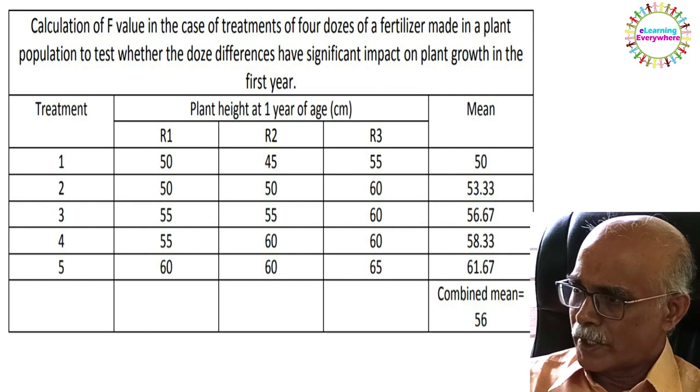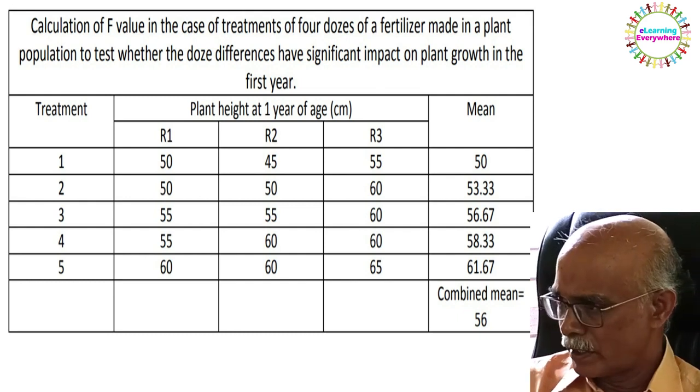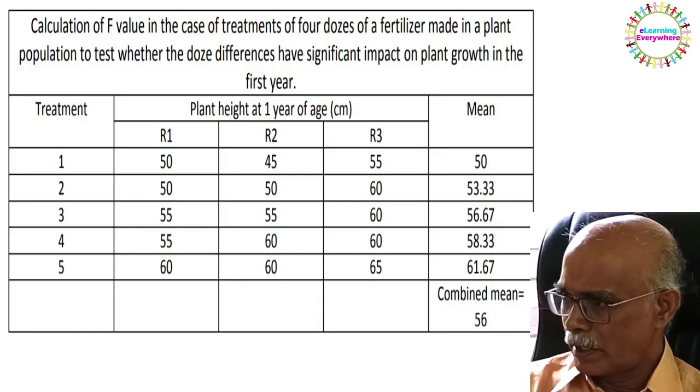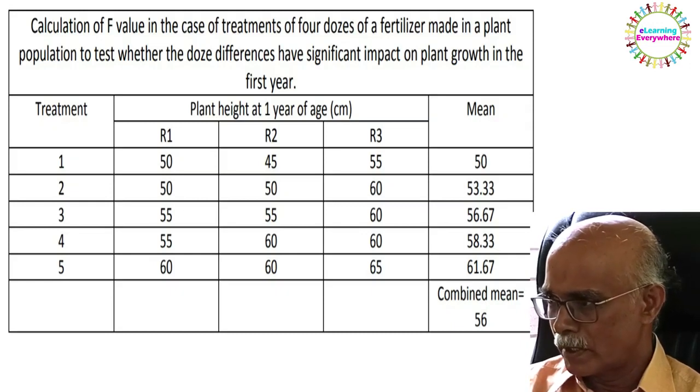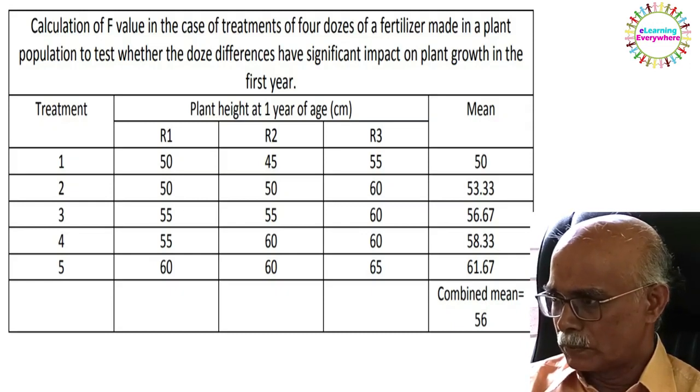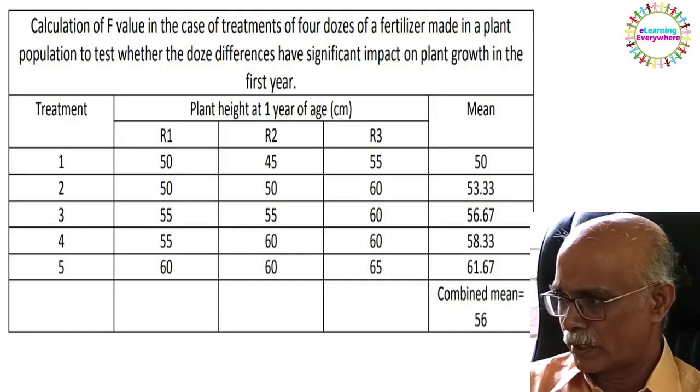So there are 5 treatments and 3 replications that are given in the table. Treatments are given, plant height at 1 year of age are given, also data of replication 1, replication 2, replication 3, etc. are given to you.